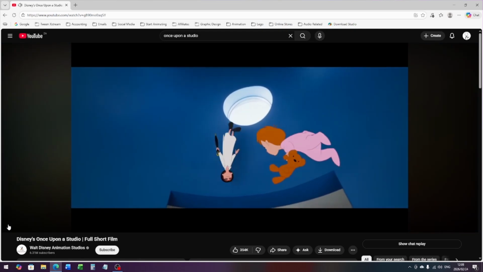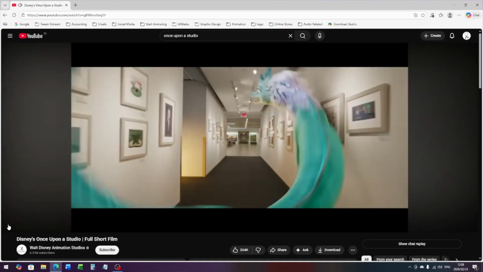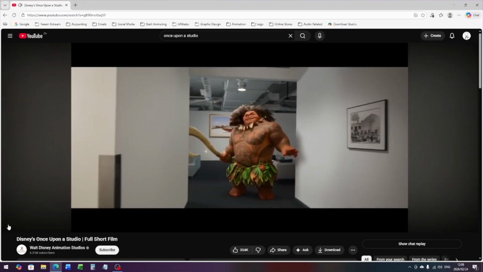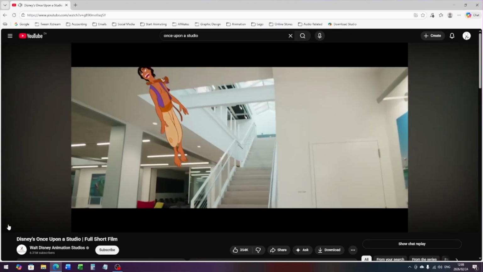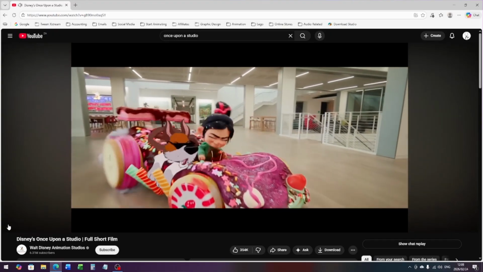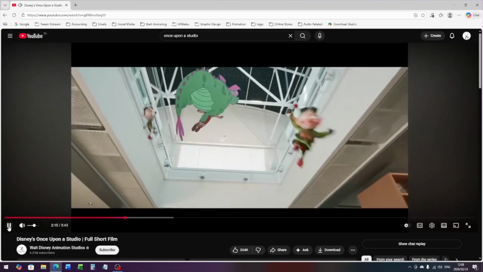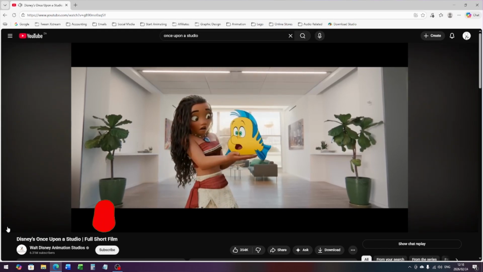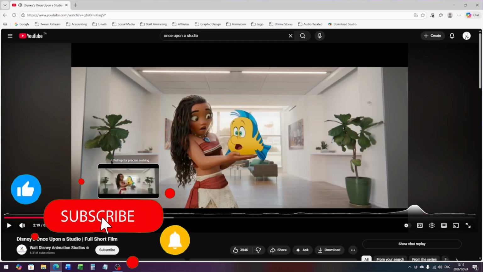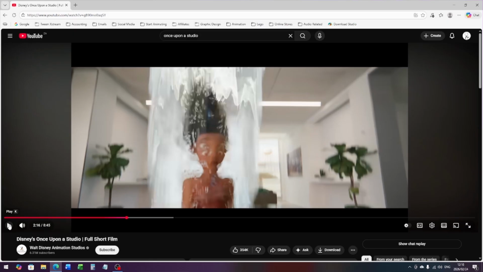There's anticipation poses. There's a little bit of squash and stretch. You can see a lot of stretch.